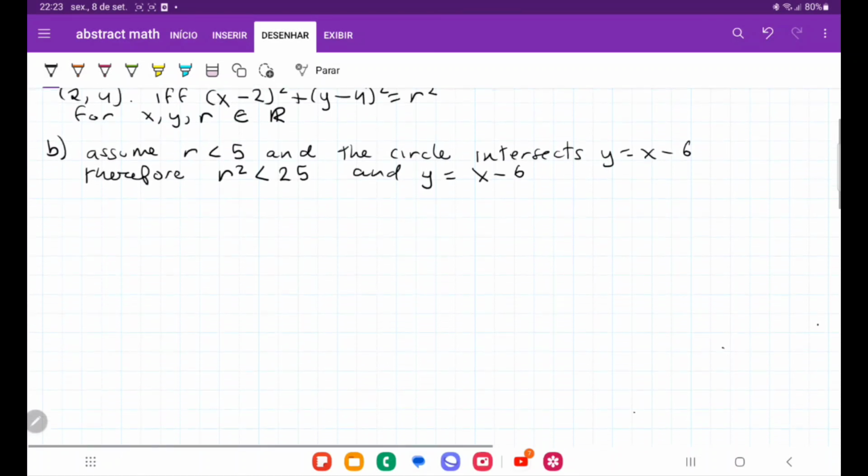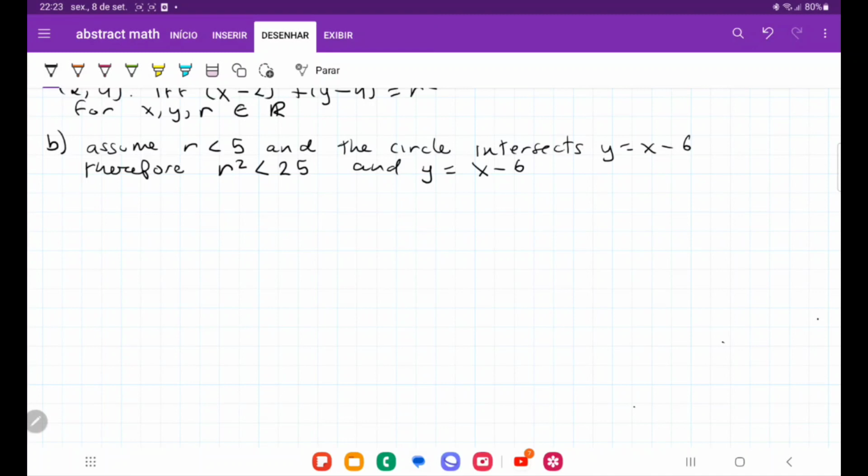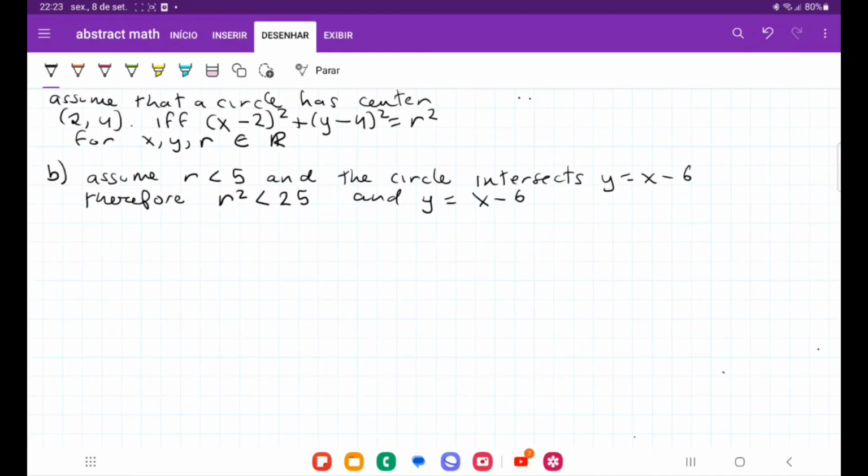Okay, so once we are here, let's just plug this into the equation for our circle. So we have that (x minus 2) squared plus, wherever I have y, I'm just going to put x minus 6. So it's going to be plus (x minus 6 minus 4) squared. And if r squared is less than 25, then since this whole thing is equal to r squared, this whole thing is going to be less than 25.